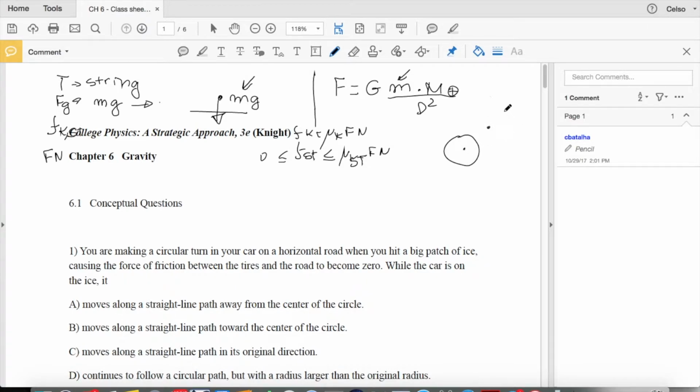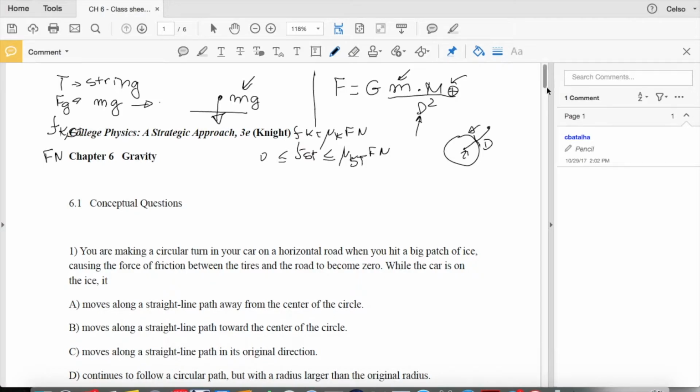If you have a satellite somewhere out there, distance d, the distance between the satellite and not the planet's surface but the center of the planet is the quantity that goes in the equation. And M is the mass of the planet in consideration. So the nature of this force is always attractive. So once you have two masses, the force that arises between those two masses is always attractive, never repulsive.